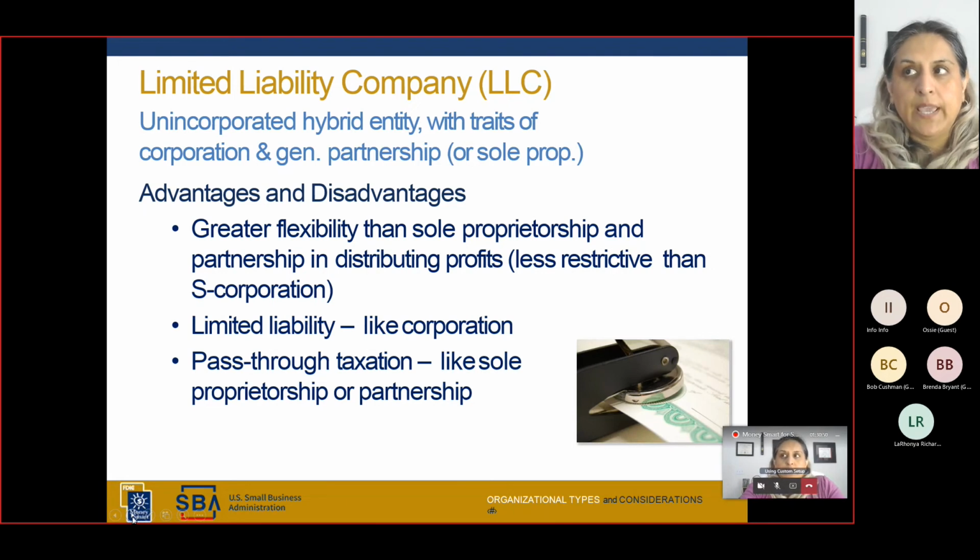Alternatively, members can designate one or more owners or even an outsider to take responsibility for managing the LLC. So non-managing owners, such as family members who have invested in the company, share in the LLC profits or losses without participating in direct management. Again, that's all spelled out in the organization paperwork.